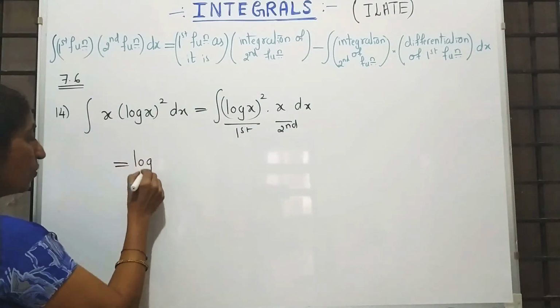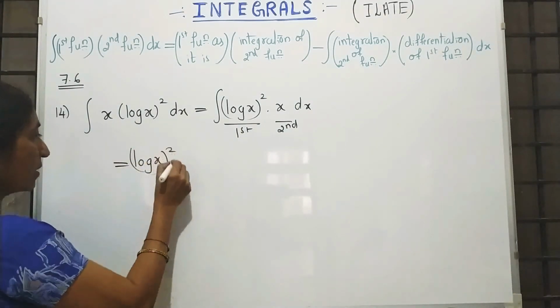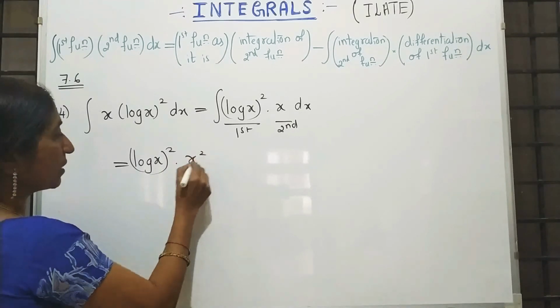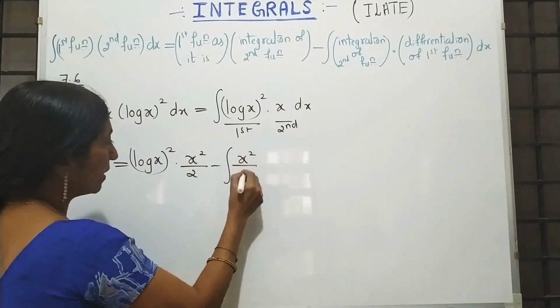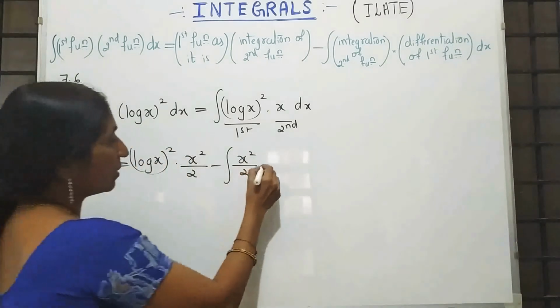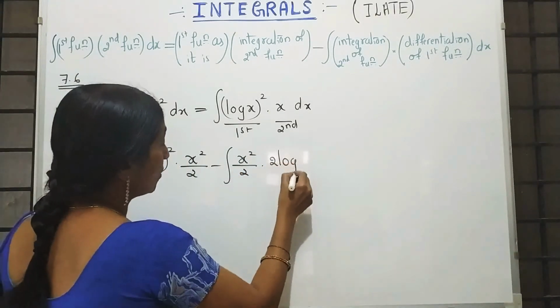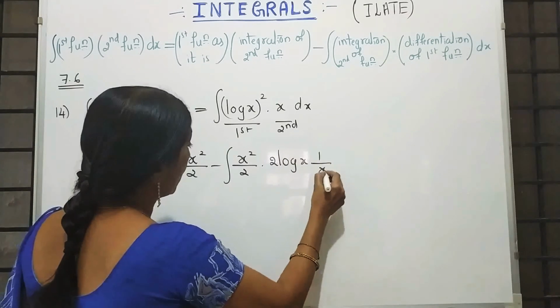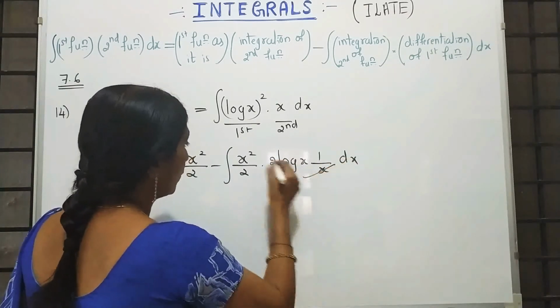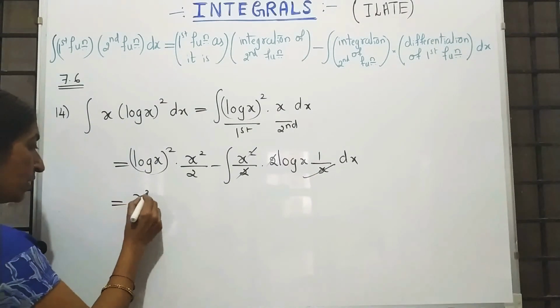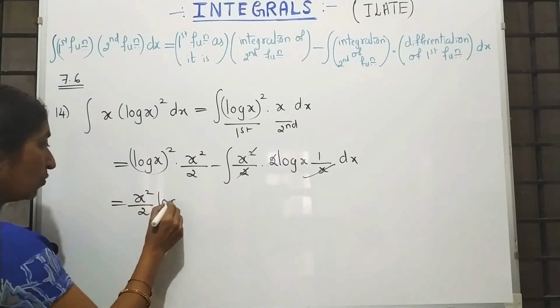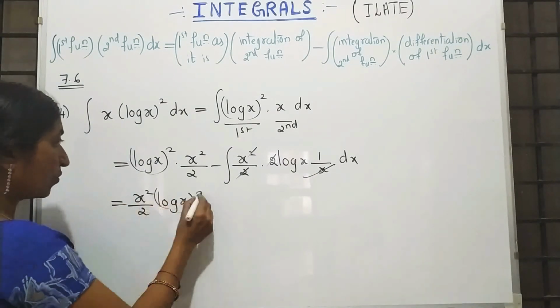First function as it is, integration of x is x square by 2, minus x square by 2, differentiation of log x whole square is 2 into log x into 1 by x. This is by chain rule. 1 x is cancelled with this, 2 gets cancelled. So it is x square upon 2 log x whole square.